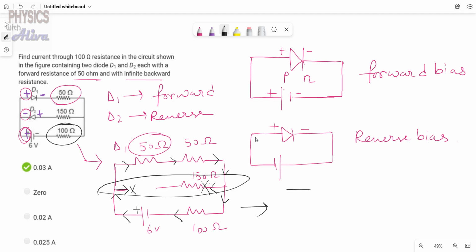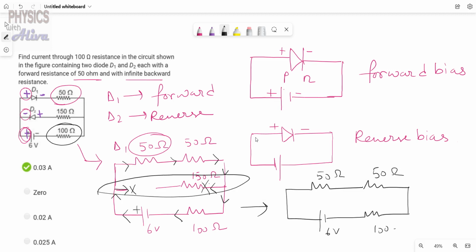So now the circuit actually becomes like this: 50 ohm, and then the second 50 ohm, the first 50 ohm due to D1 and the second 50 ohm from the circuit, and this is 6 volt, and this is 100 ohm. So the total resistance of the circuit is 100 plus 50 plus 50, that means 200, and the voltage is V. We know V equals IR from Ohm's law. So we can write I equals V by R. V is equal to 6 and the resistance is 200, right?